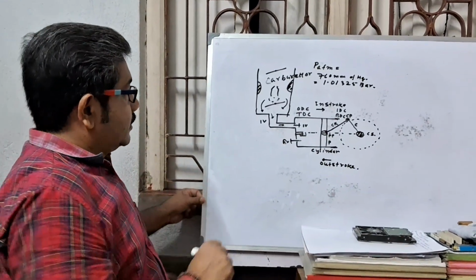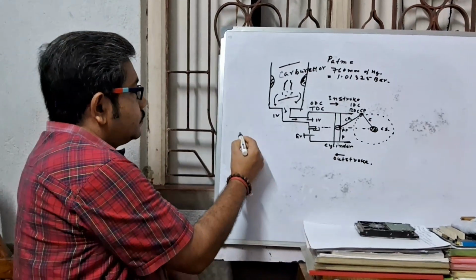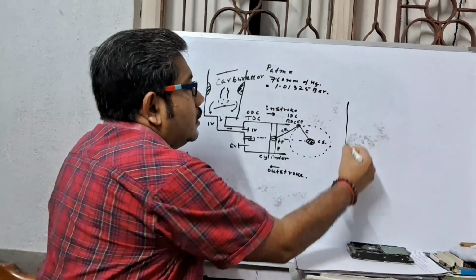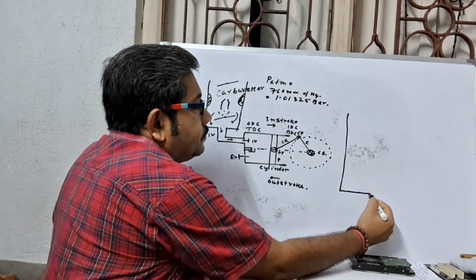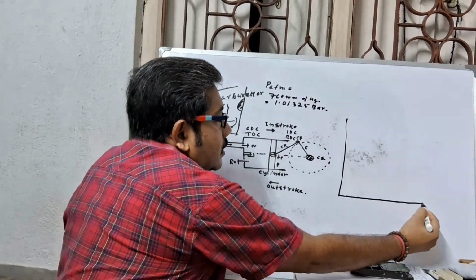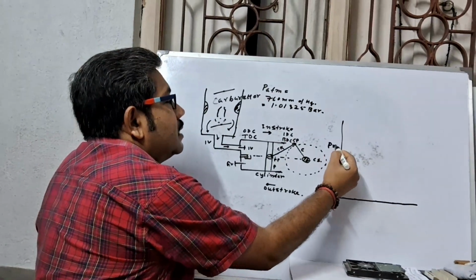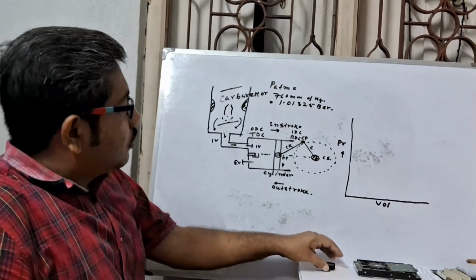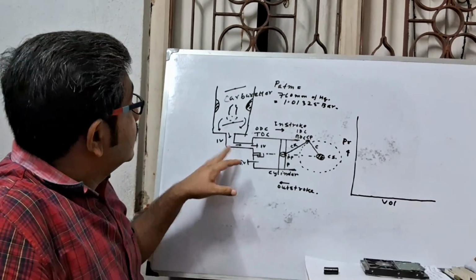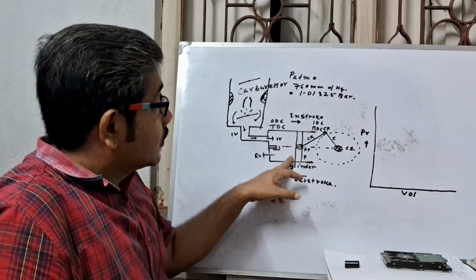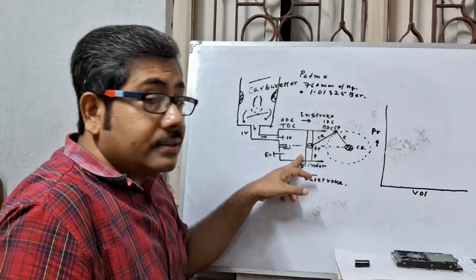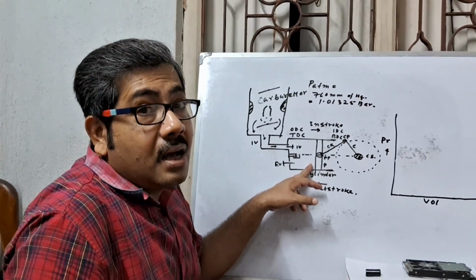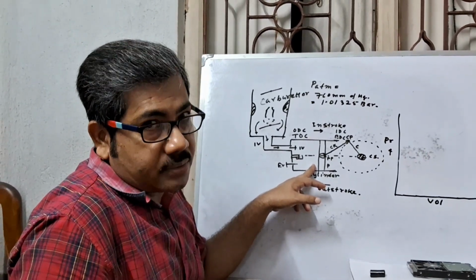Look at the figure here. This is the PV diagram, that means the pressure and volume diagram. When the air petrol mixture enters the cylinder, the suction stroke starts, and it is a constant pressure process, that means an isobaric process.